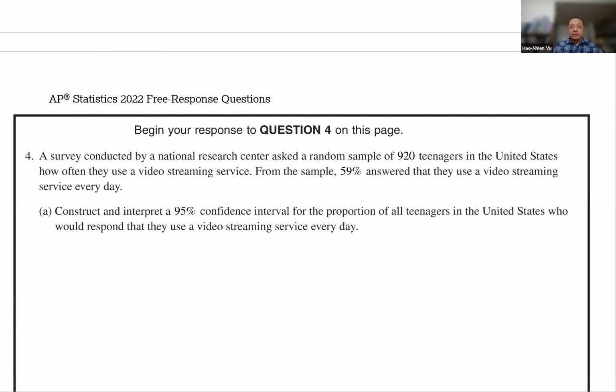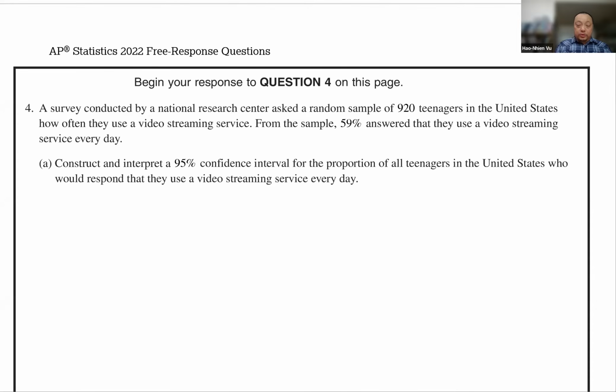This is a confidence interval question, so you know you're going to eventually have to write a conclusion in context. That means you need to say something verbally about the population, which in this case are teenagers, the sample, the 920 teenagers that were randomly selected, and the variable, and that is that they said that they use a video streaming service every day. So those kinds of verbal words should be in your answer somewhere.